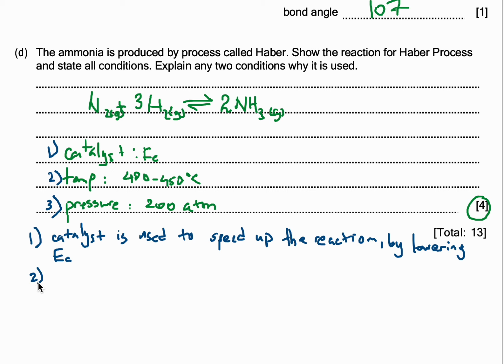Second, temperature. So this reaction is actually exothermic, yes. So enthalpy change is minus 92 kilojoule per mole. So actually increasing temperature, so high temperature shifts the equilibrium to the endothermic side.